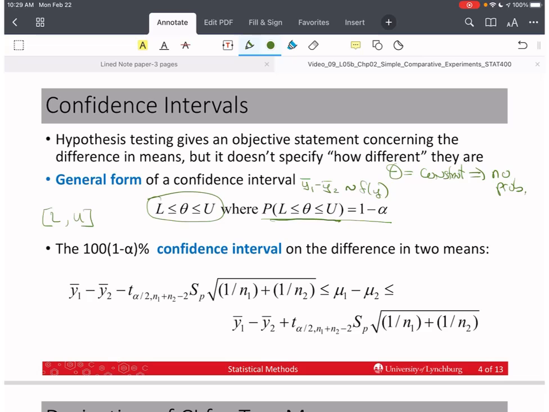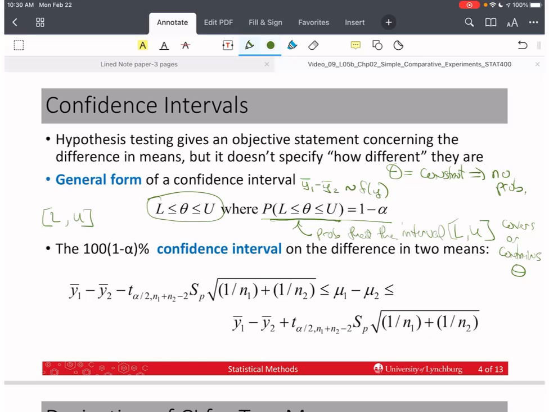So that is what makes this statement able to be calculated. And so what we can say is the probability that the interval L U covers or contains theta. That's how we should say this.